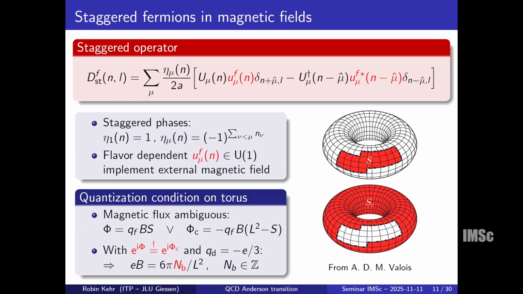But still, the phase the particle picks up has to be the same. So we have this condition here, and from this we can derive a quantization condition for magnetic fields, which we have on a torus. And here we put in the down quark charge, since it's the smallest fraction of the elementary charge that exists, so it also works for all quarks. N_B is here the magnetic flux quantum number.